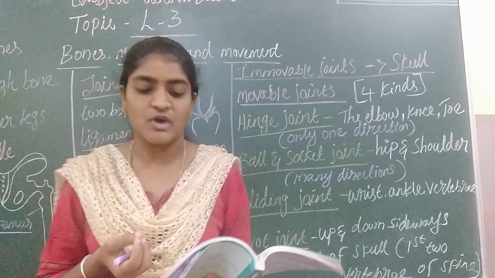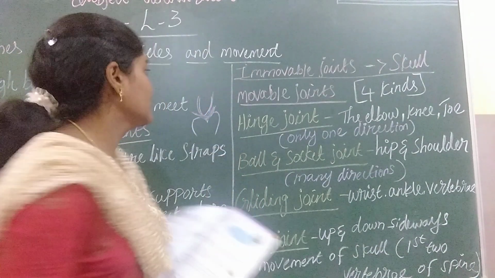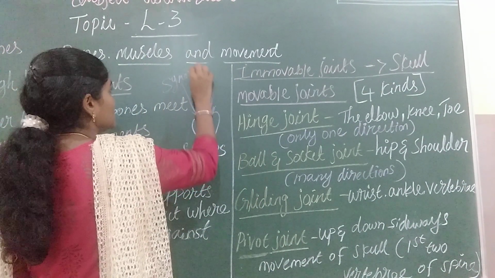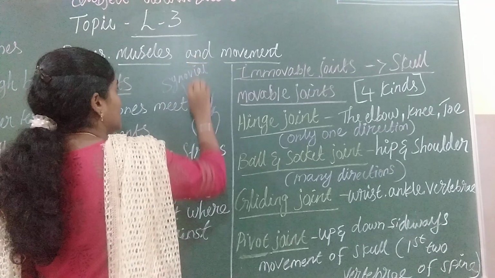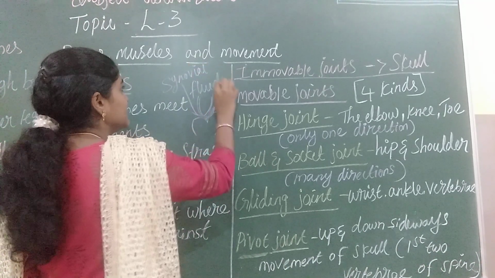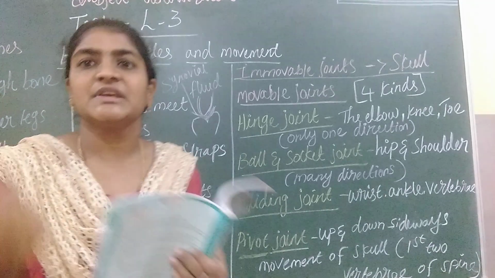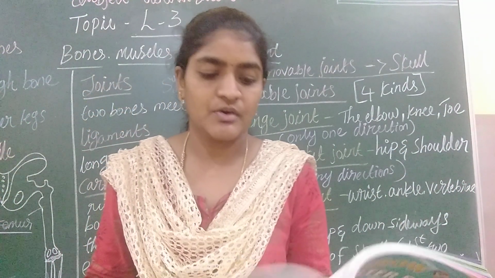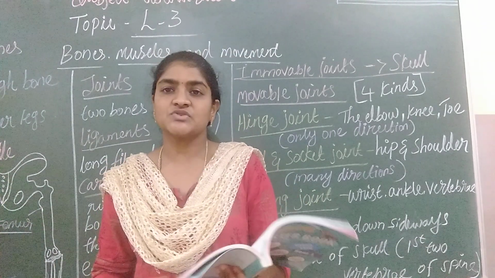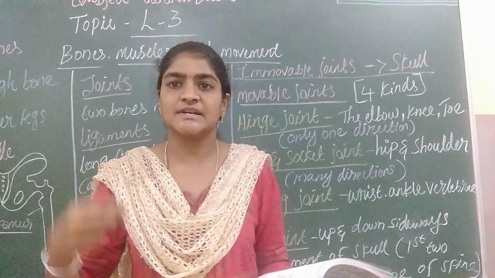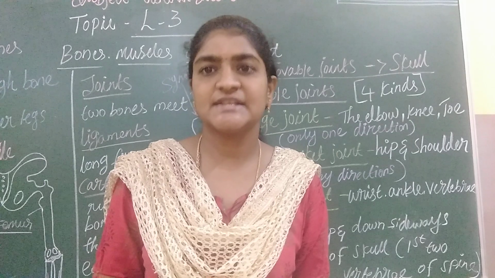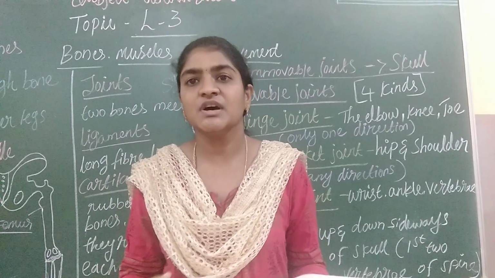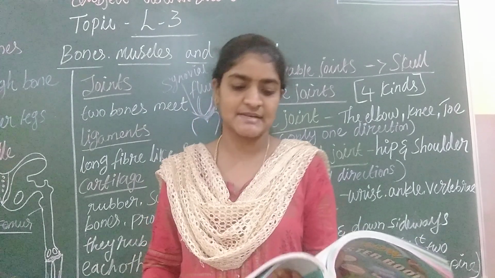That fluid is called synovial fluid. It gives flexibility to move the bones. With the help of the cartilage and the synovial fluid inside, we can see movement in our skeletal system.